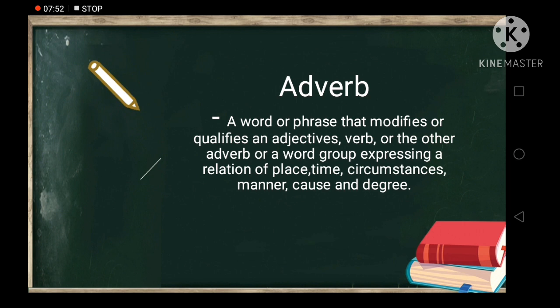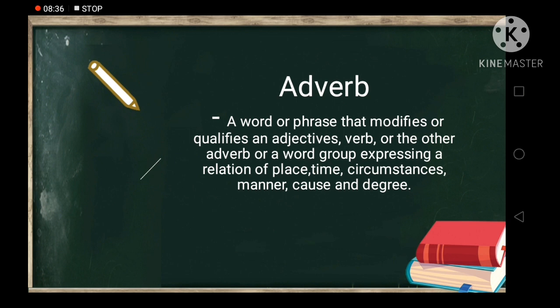Next is adverb. It is a word or phrase that modifies or qualifies an adjective, verbs, or other adverbs, or a word group expressing a relation of place, time, circumstances, manner, cause, or degree. So we have four kinds of adverb, namely adverb of manner, which its examples are angrily, happily, and etc. Second is an adverb of place.